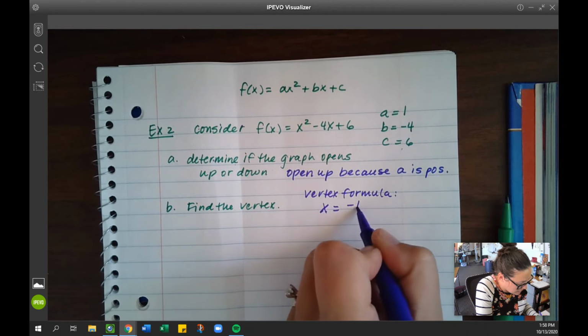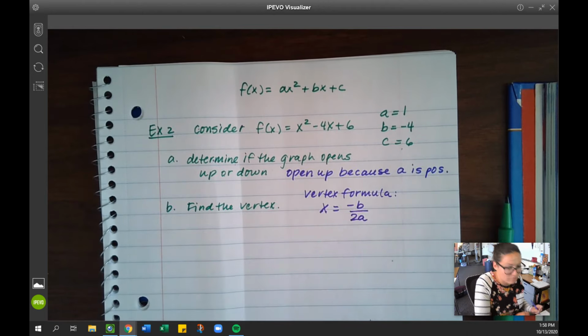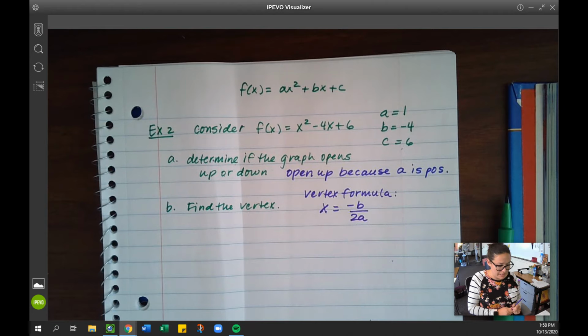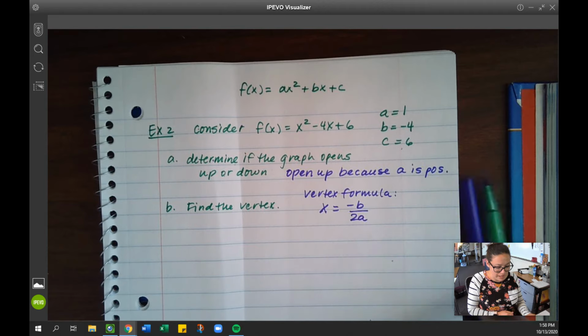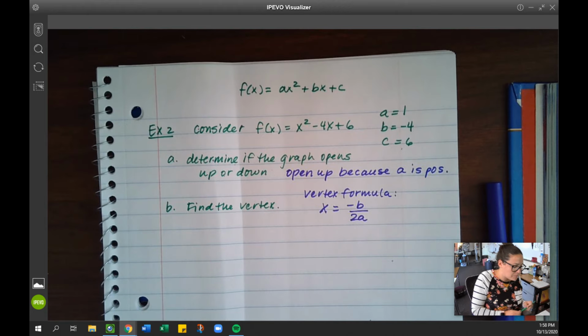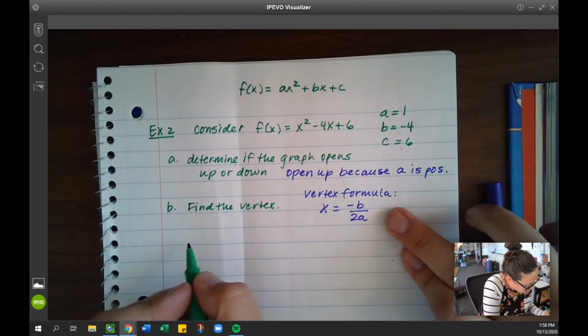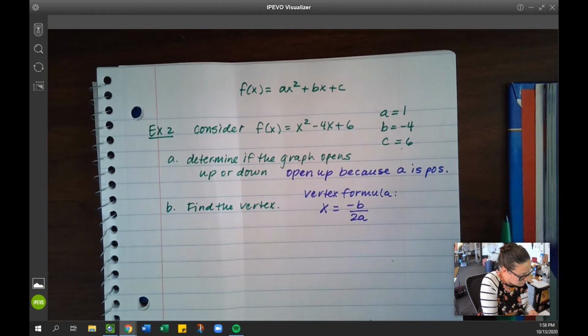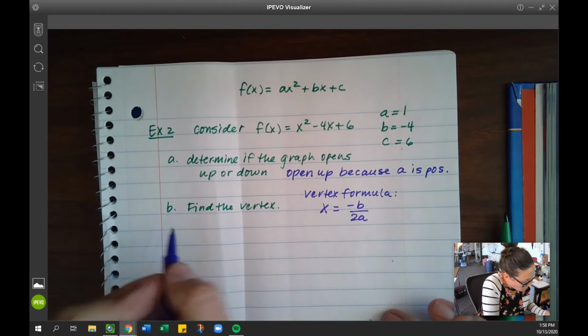X equals negative B over 2A. X equals negative B over 2A. So that tells me the X value of the vertex. So let's do this here. I'll stick with purple.